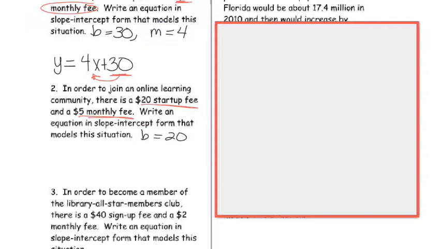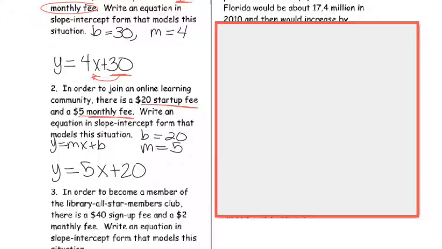My slope, what's changing, is $5 per month. So my m is 5. Once I know my m and my b, I take y equals mx plus b, and I have y equals 5x plus 20. All right, I want you to do the rest of this front page. You try it now on your own, please.